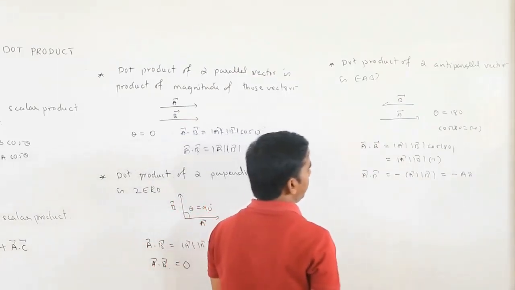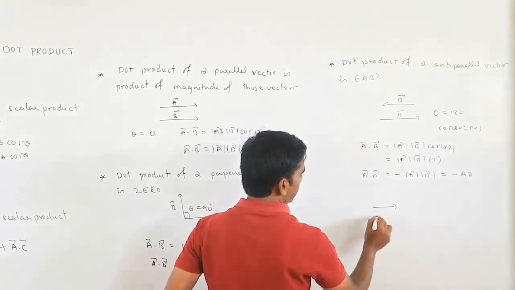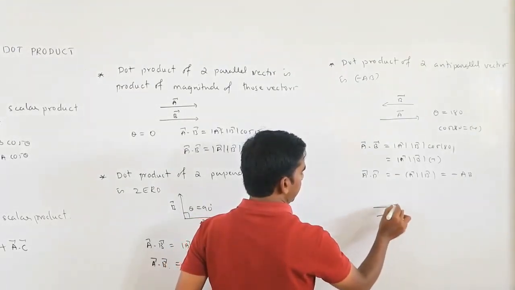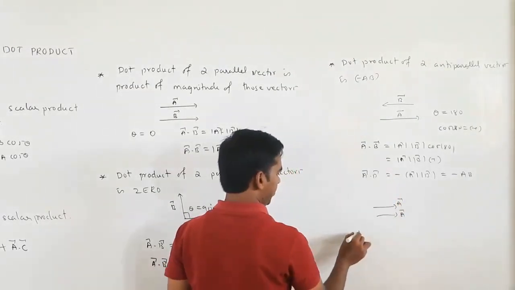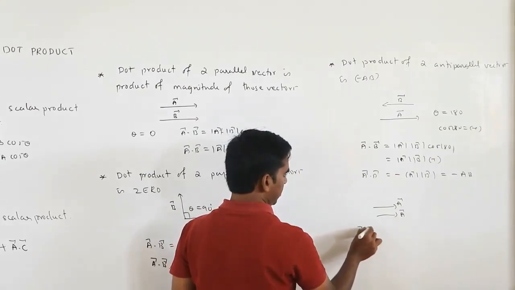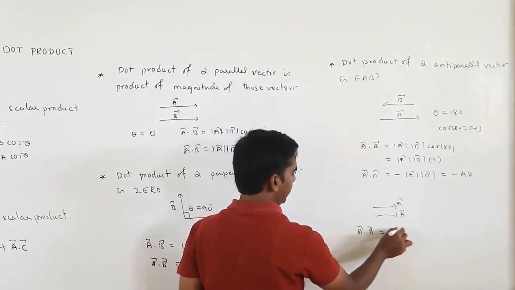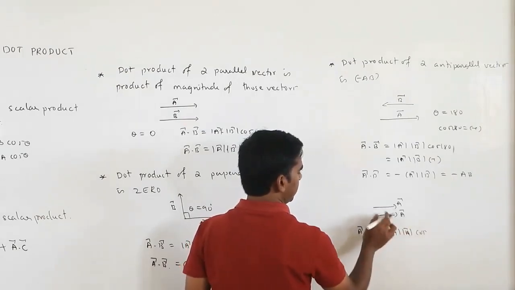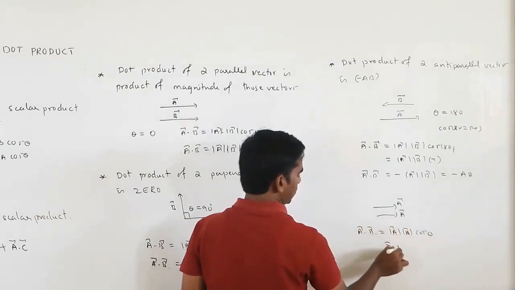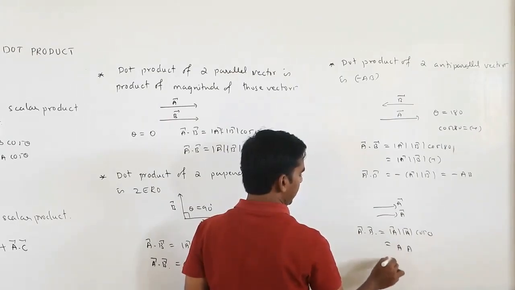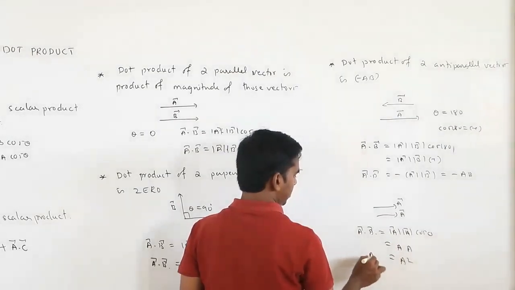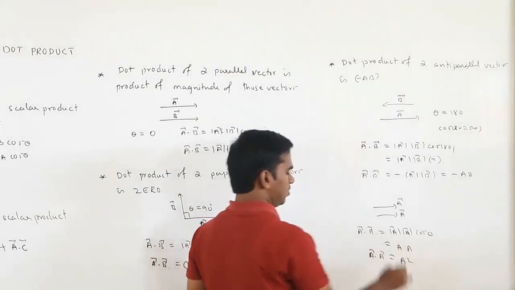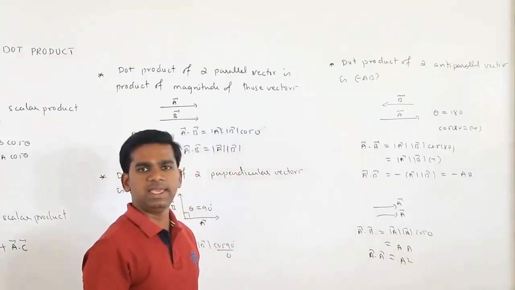If I take two equal vectors, this is also vector A and this is also vector A, what will happen? A dot vector A equals magnitude of A, magnitude of A, cos of the angle between them. What is the angle between them? 0. So this will become A square. So A dot A is going to be A square.